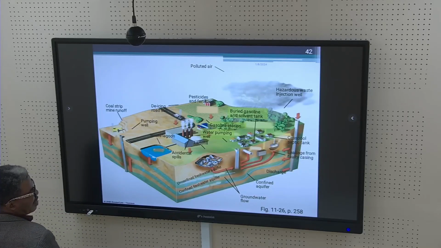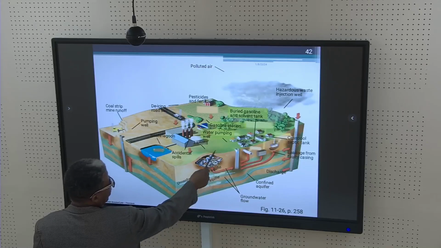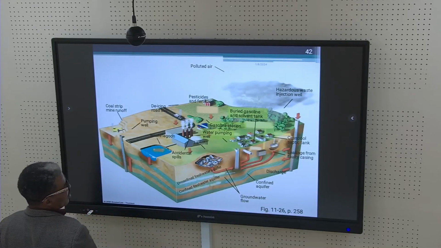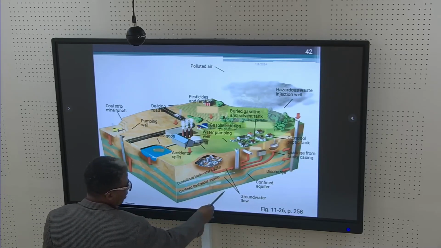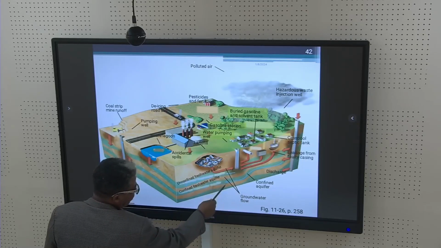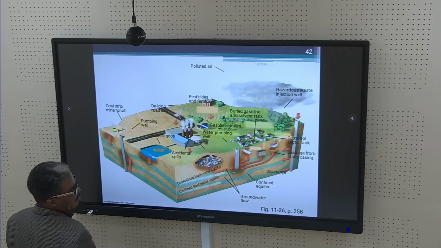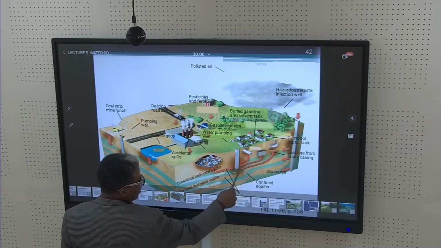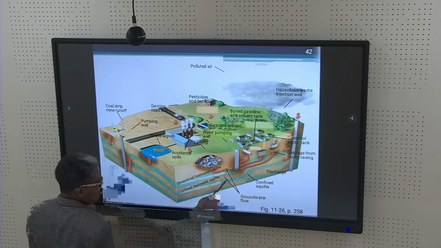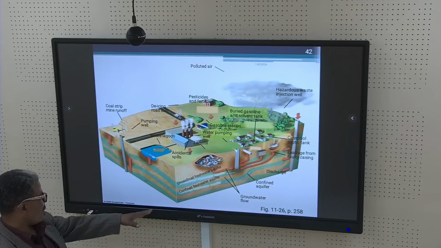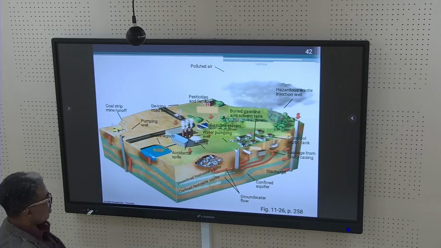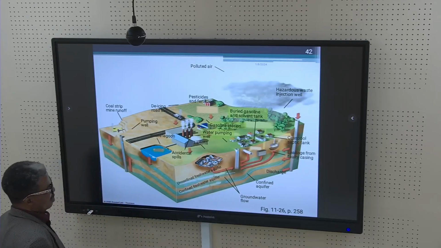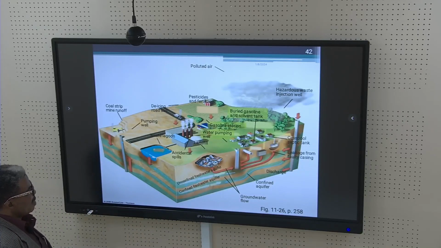But if a well is pumping downwards there, and they come in contact, the confined aquifer groundwater, large leak from faulty casing. So these in red are the leaks leading to the source, the confined fresh water aquifer. This one here is also leaking towards the same source. Already you will have contaminated the groundwater.